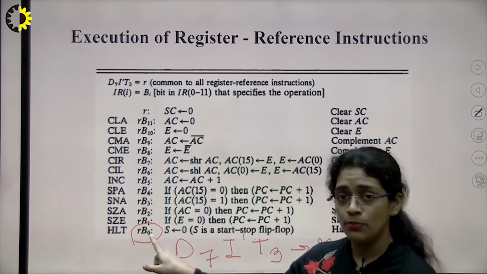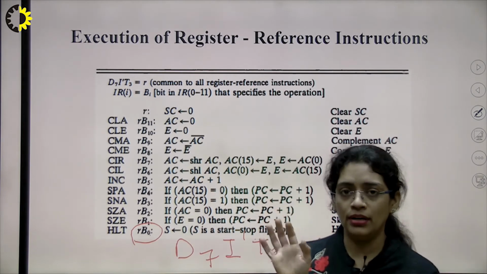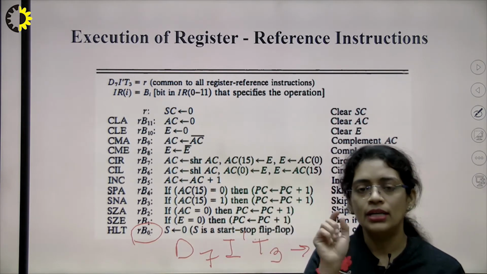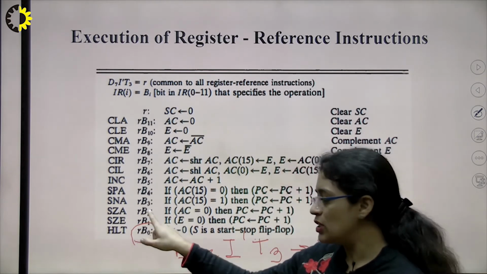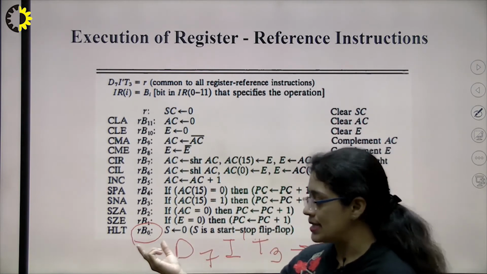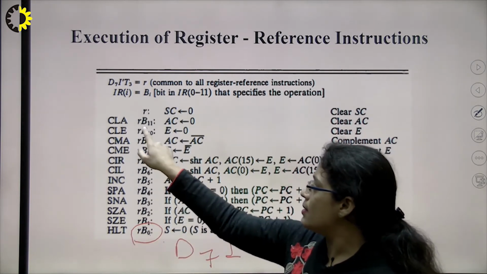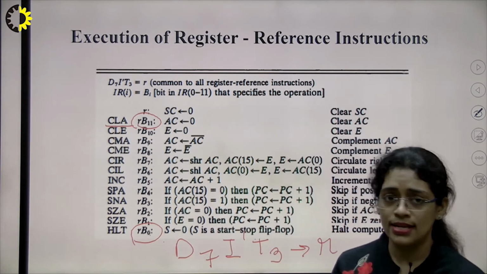Now next is B0. B0 means the 0th bit out of bits 0 to 11 is 1. B1 says the first bit is 1. B2, the second bit is 1. By this we can tell what the instruction is. Now see rB11: this says clear accumulator, this is the instruction.